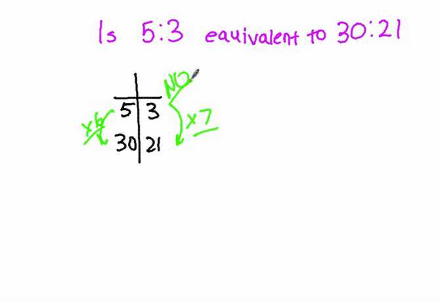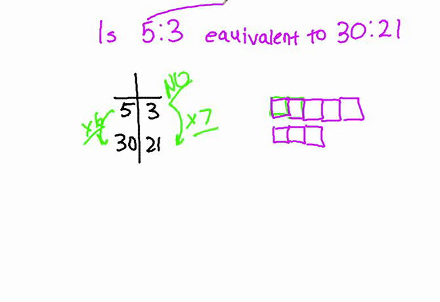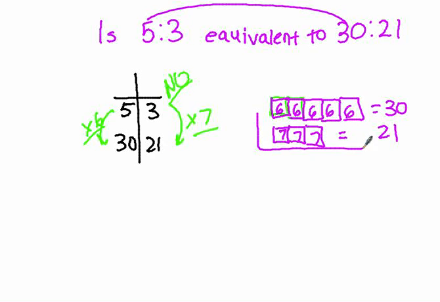If you were to see this with a tape diagram, it would look something like this. Let me change my pen color. It's saying that 5 is equivalent to 30, which means each piece would have a value of 6, and that 3 is equivalent to 21, then each piece would have a value of 7, which means they are not equivalent.